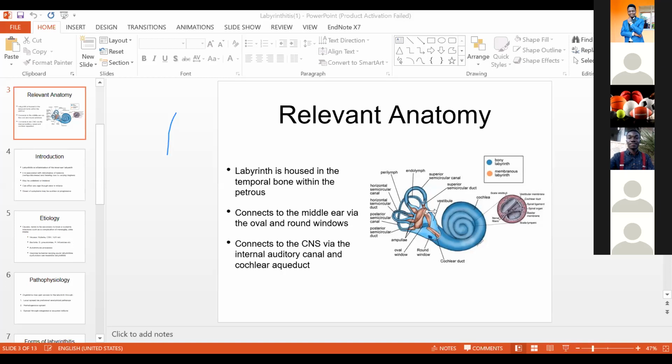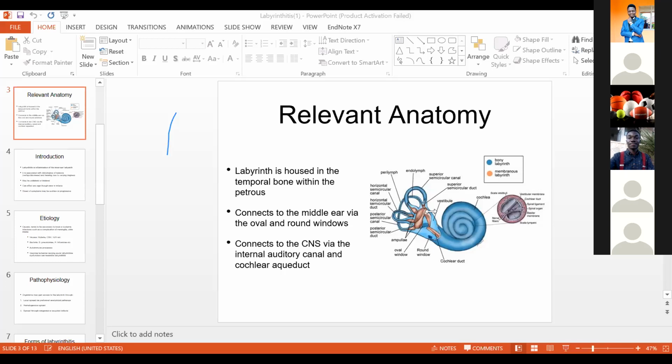Are vestibular suppressants indicated in BPPV? No. Benign paroxysmal positional vertigo is due to otoliths, stones in the inner ear.